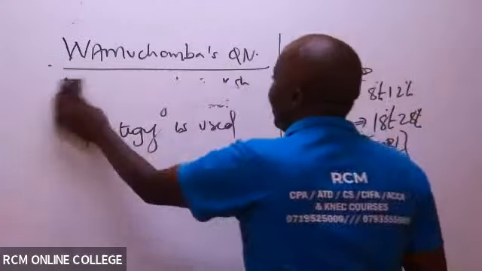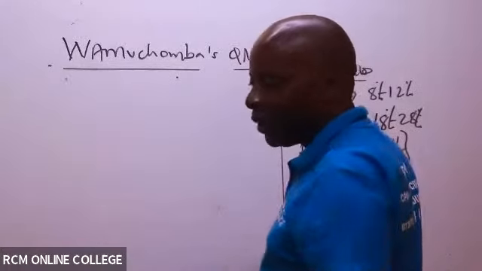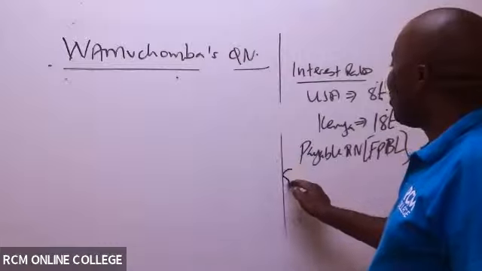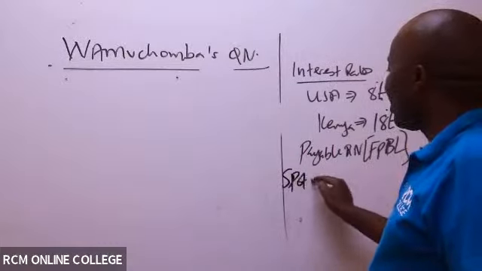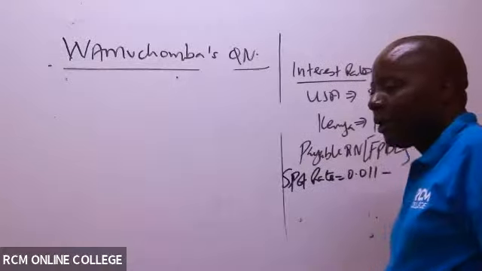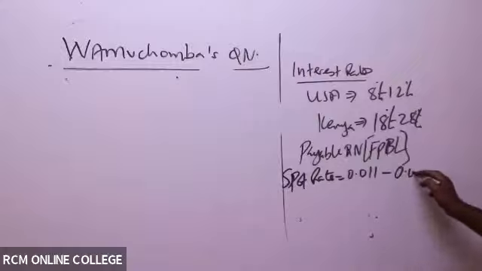Oh, you never gave me spot rate. Spot rate was 0.0112 dollars per Kenya shilling.